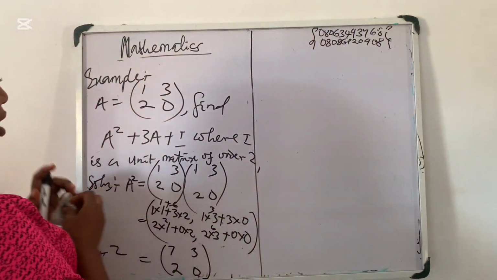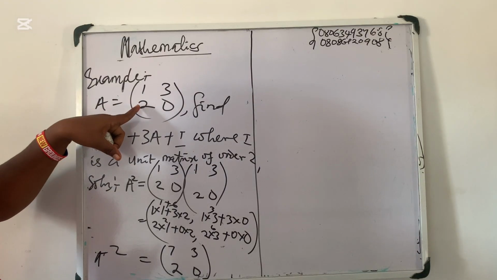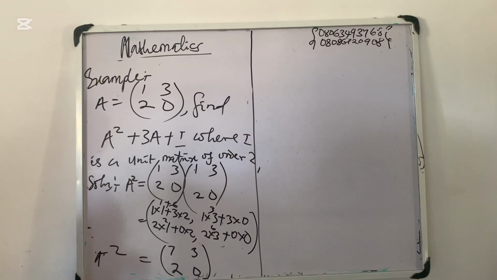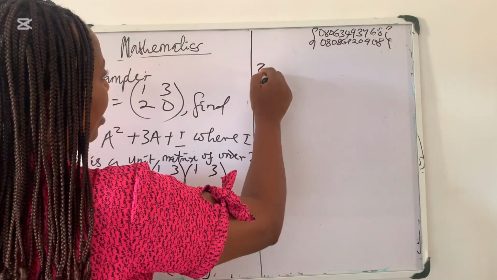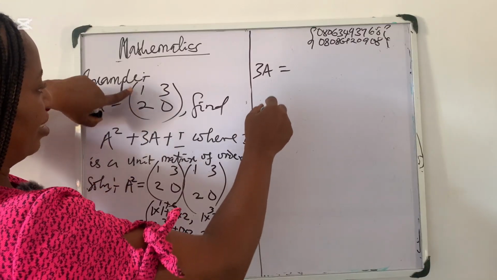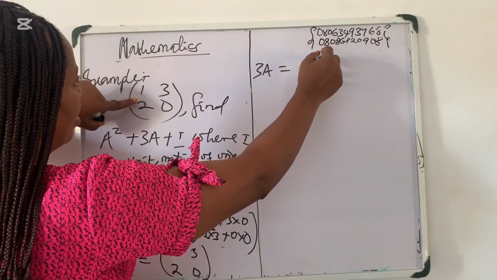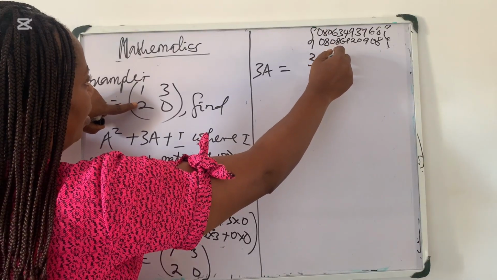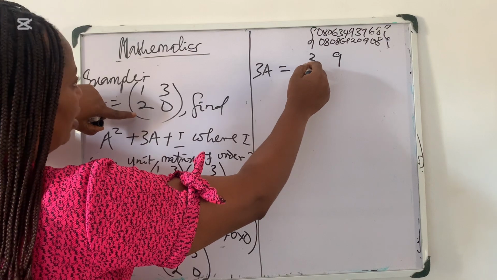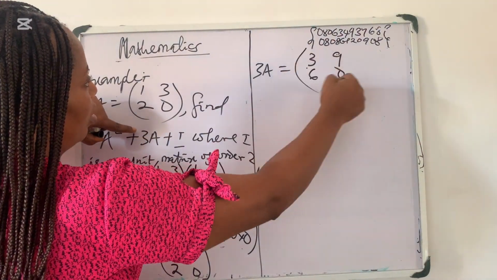Now, for 3A, it is simply using 3 to multiply the entries in matrix A. So for 3A, it is simply what? 3 times 1, you have 3. Sorry, 3 times 3 is 9. 3 times 2 is 6. 3 times 0 is 0.